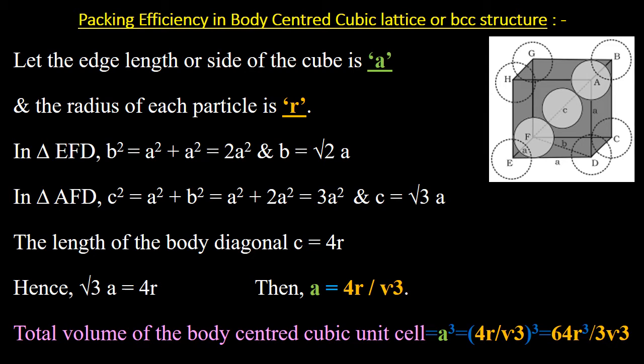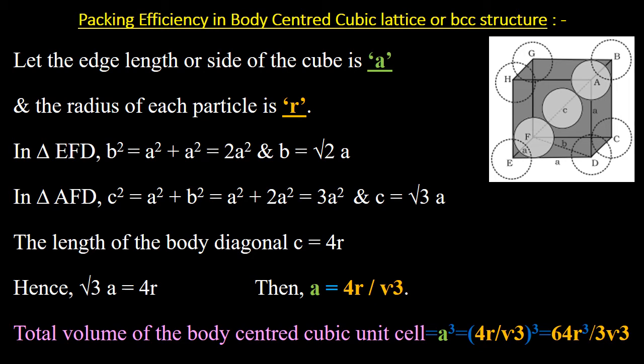In triangle AFD, c square is equal to a square plus b square is equal to a square plus 2a square is equal to 3a square, and hence c becomes root 3a. The length of the body diagonal, that is c, is equal to 4r. Hence root 3a is equal to 4r. Then a becomes 4r divided by root 3.